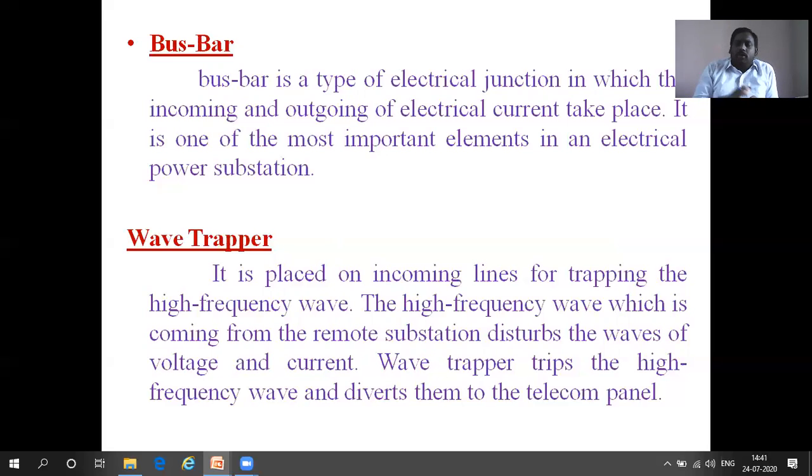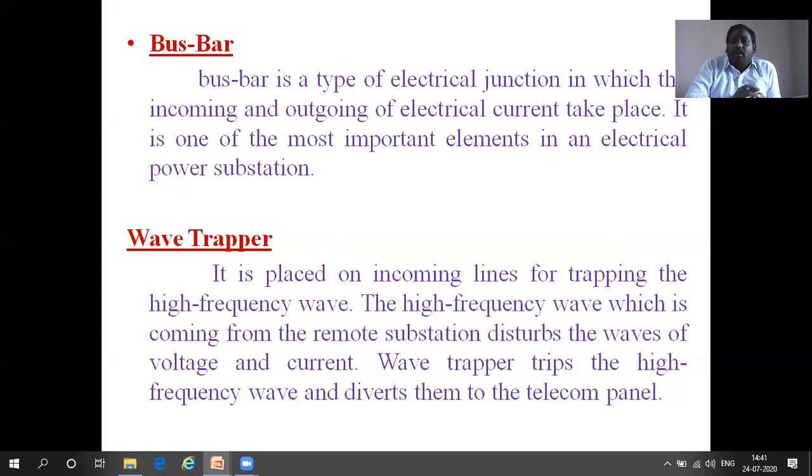But our alternating waves travel through a conductor medium, and those conductors are installed in air. So communication waves also interfere with our power waves, which are electromagnetic waves. Communication waves are also electromagnetic, but those are high frequency, but our power frequency is 50 Hz.